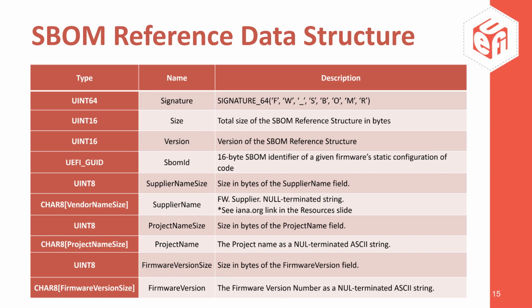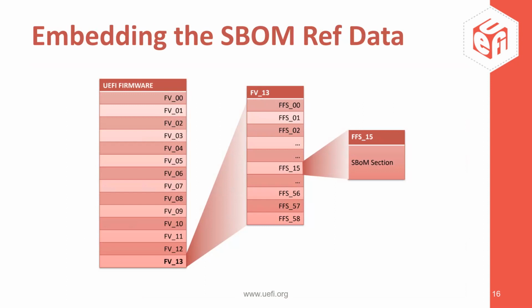So potentially it's even possible to generate SBOM data after the fact, maybe even with a different granularity. If your customers have different requirements, they want more detailed information or fewer details, potentially it can even be done after the fact.